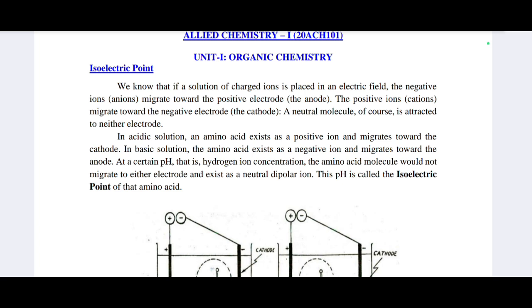Negative ions normally migrate toward the positive electrode in an electric field. On the other hand, positive ions, which are nothing but cations, migrate toward the negative electrode, that is, the cathode. A neutral molecule is attracted to neither electrode and behaves as neutral.